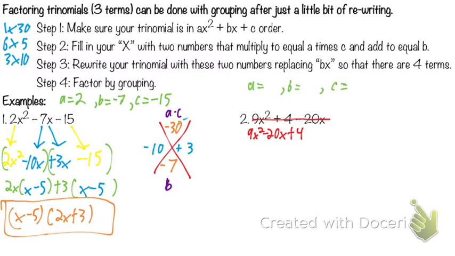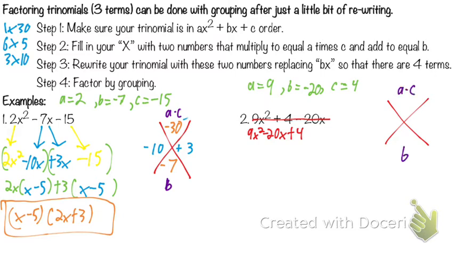So what's our a? 9. What's our b? Negative 20. What's our c? 4. Okay. So now what are we going to do? Make the x, and we have to fill it out. So the top is going to be a times c, and what's going to be on the bottom?